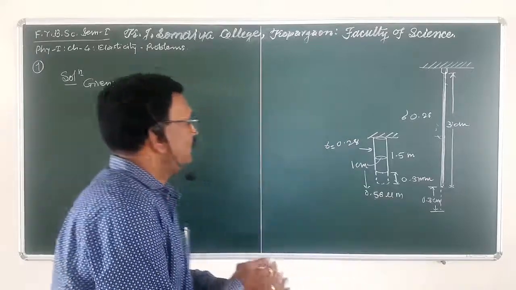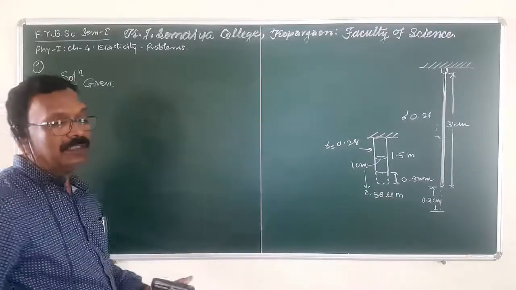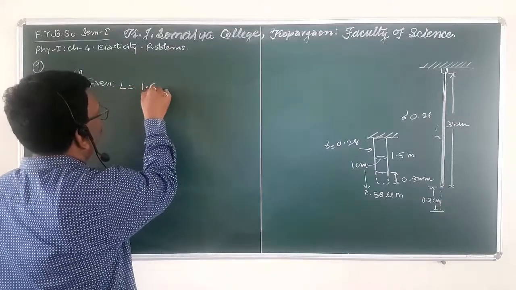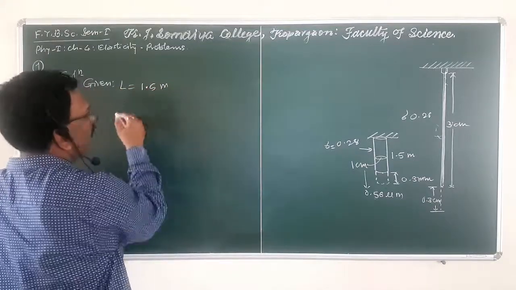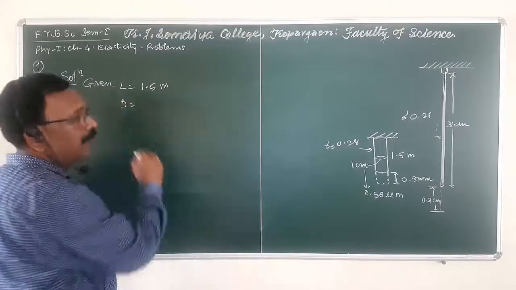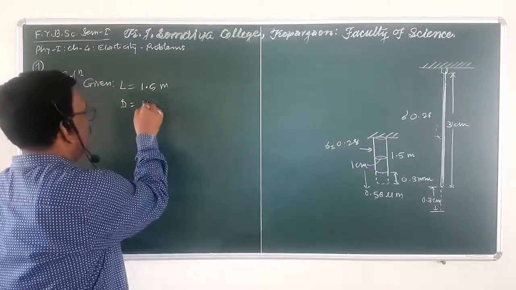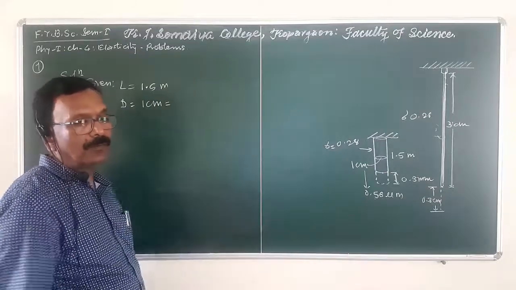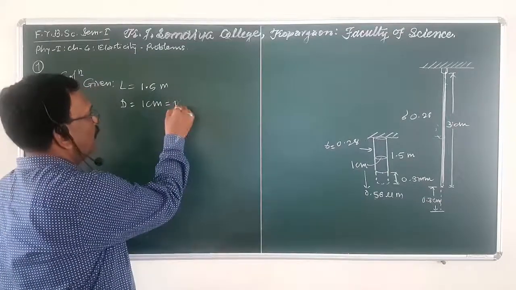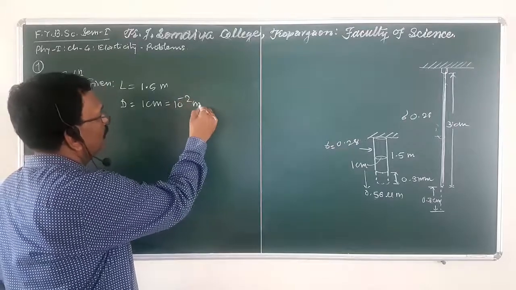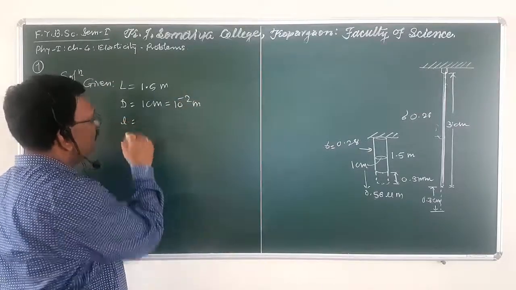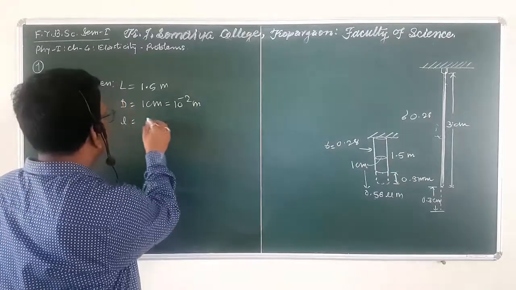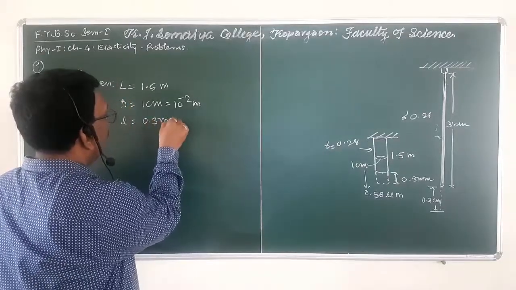Okay. So given in this problem, L is equal to 1.5 meter, then diameter D is 1 centimeter. Convert this into meter, 10 raised to minus 2 meter. Then change in length l is given, this is nothing but 0.3 millimeter.